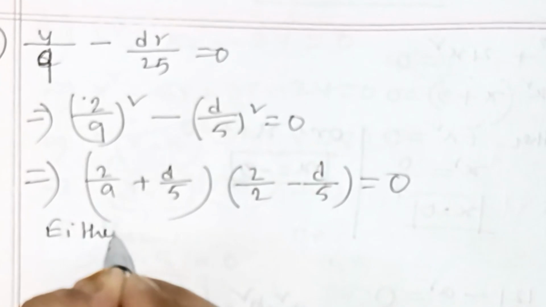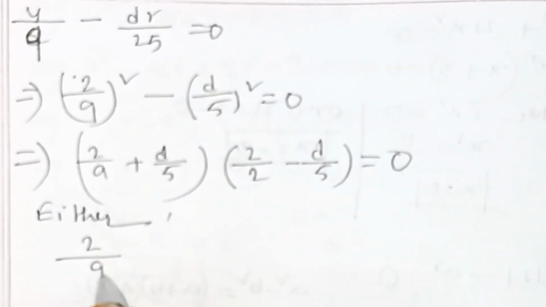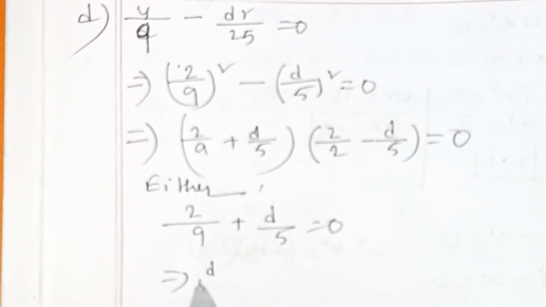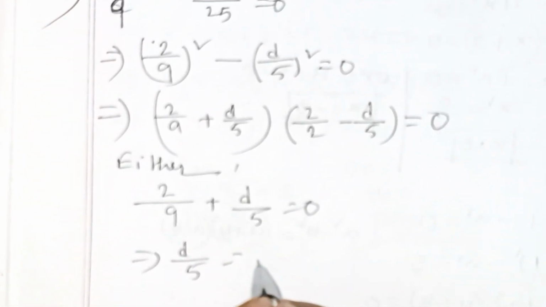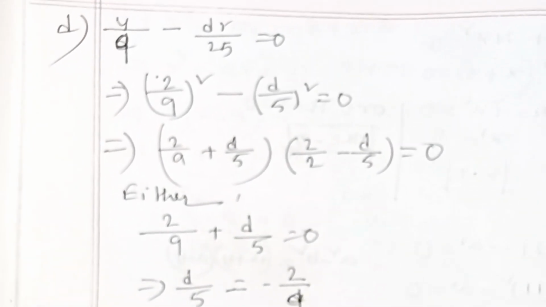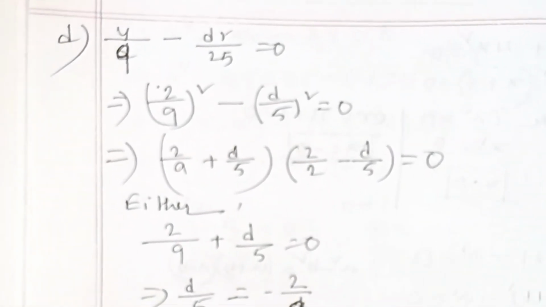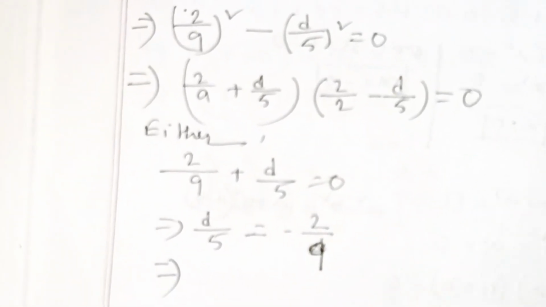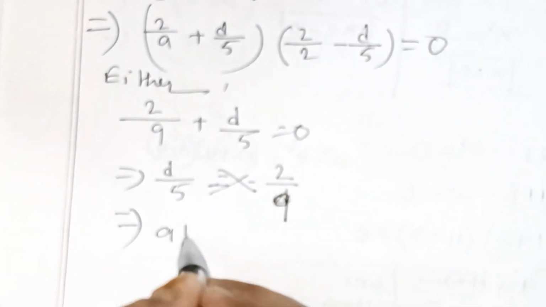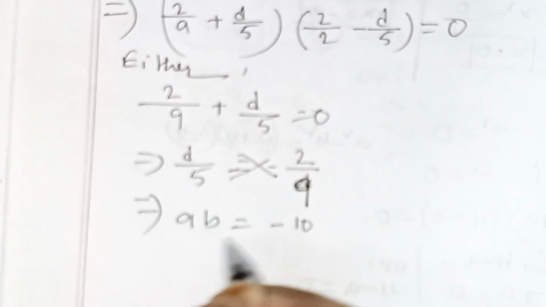So either 2 by 3 plus d by 5 is equal to 0. So d by 5 plus 2 by 3, it will change on the right hand side to minus 2 by 3. So we find the variable here, d. So we cross multiply here, 3d and 5 times minus 2, that is minus 10.